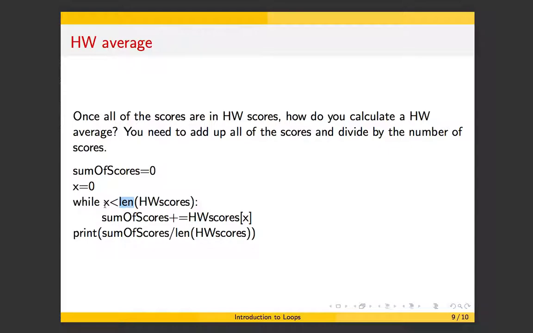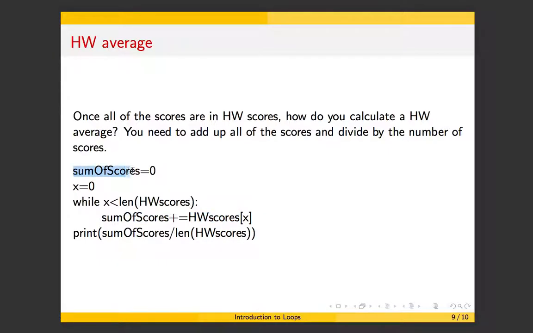Okay, so anyway, as long as x is less than the length of the homework scores, notice this command here. Sum of scores is going to be plus equal homework scores at position x. So what's happening here? Well, x is 0, right? So initially I'm saying homework scores at position 0, add that to sum of scores.